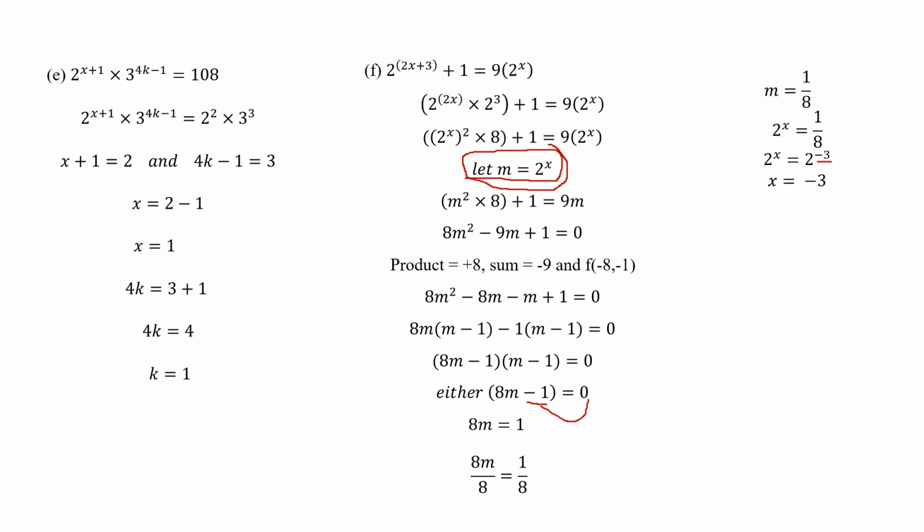So I come back here for this other part to be equal to 0. When I take the -1 to the other side of the equation, it becomes a +1. So m is equal to +1. Then I come back here to make sure that my 2 power x is equal to now the 1.